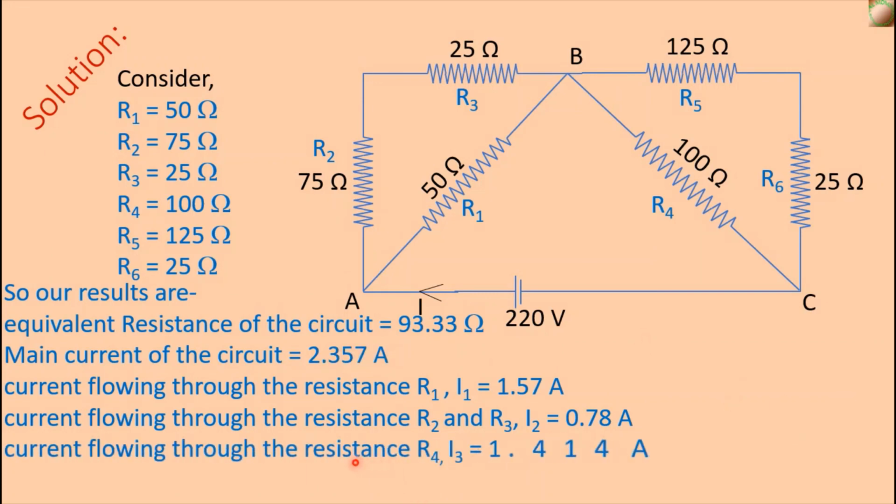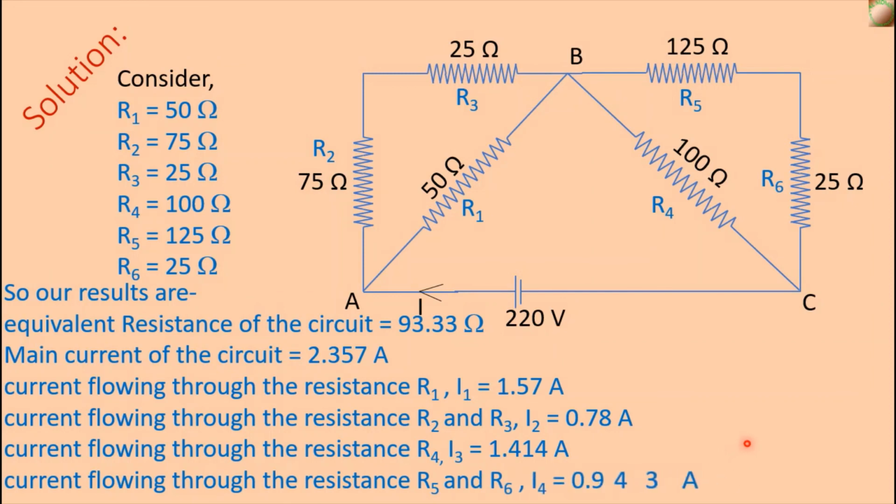And the current flowing through resistance R4 is 1.414 ampere, and the current flowing through R5 and R6, I4, is 0.943 ampere. Here the I3 current and I4 current will meet at point C and again produce the current I. So 1.414 plus 0.943 will be the main current 2.357 ampere.